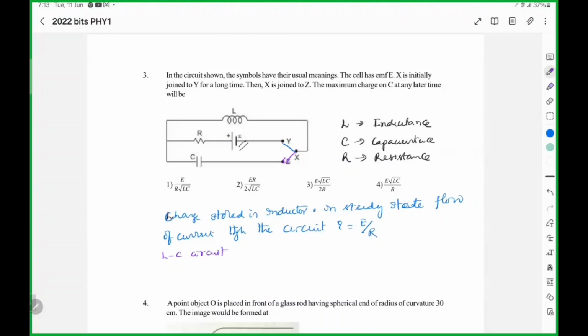Once it is an LC circuit, oscillation occurs. Right. So in this oscillation, L is charged initially and energy is stored in the inductor.